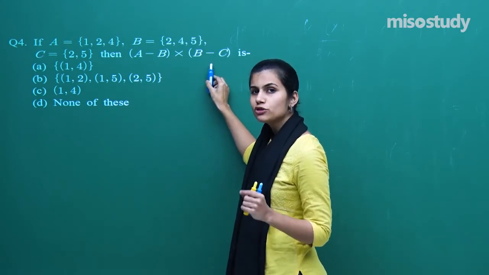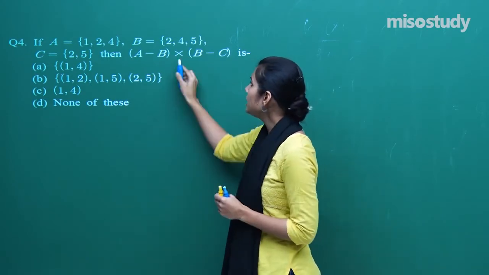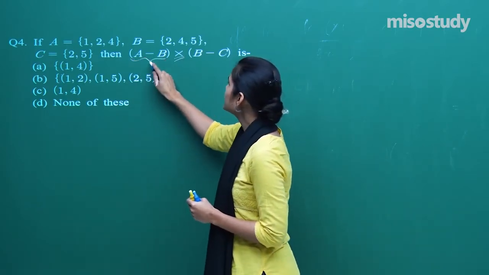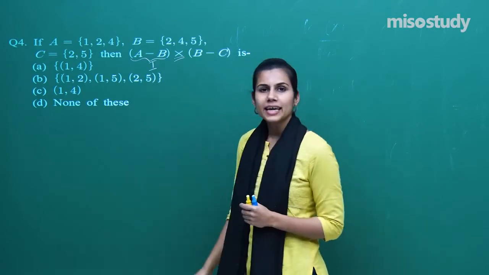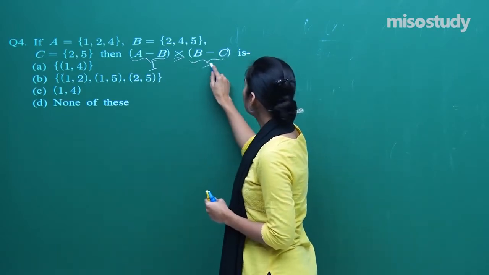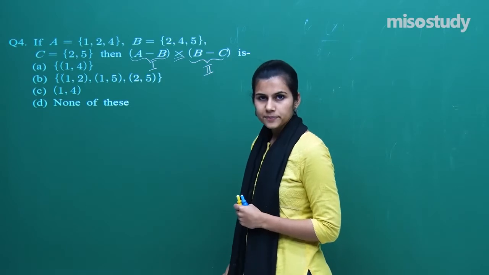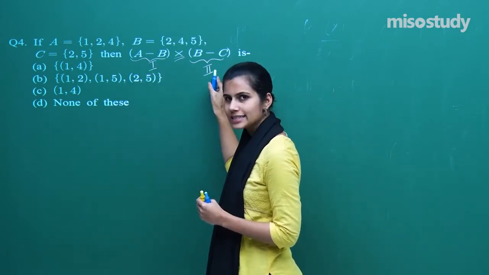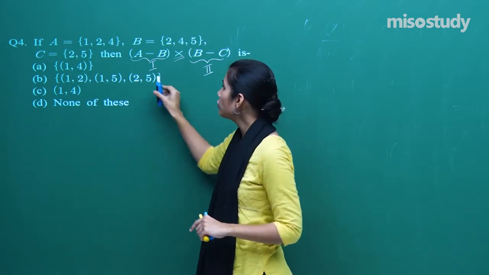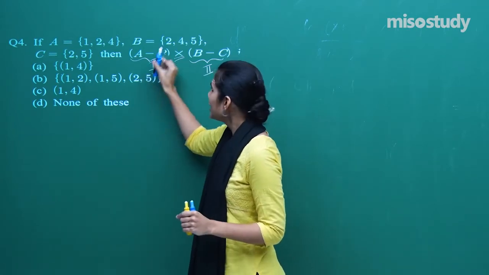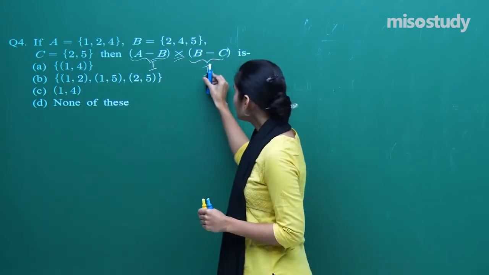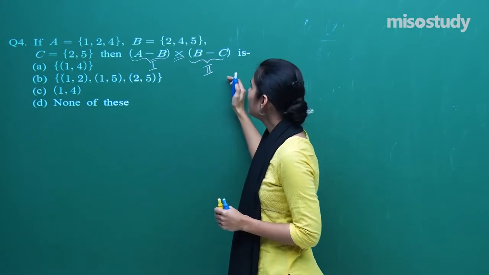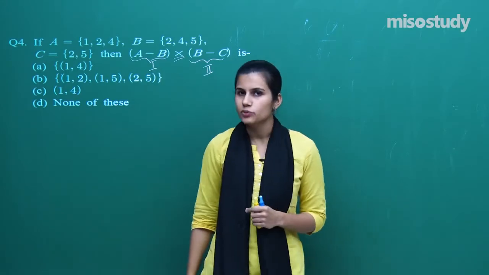For this concept, you should know first of all what we mean by the Cartesian product of two sets, which is over here, set number 1 being A minus B, set number 2 being B minus C. And once you know what the Cartesian product of two sets is, and you have also found out what my first set and my second set are under the definitions of A, B and C, we will have this entire set calculated.